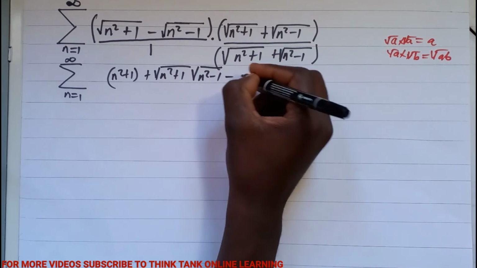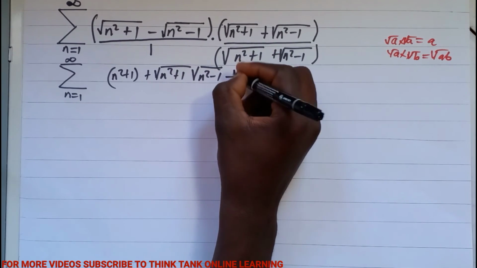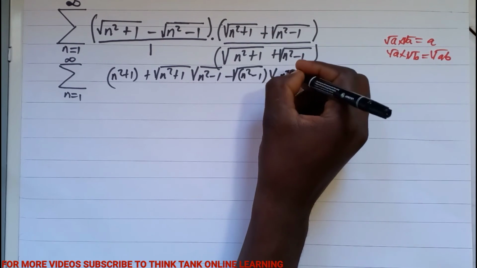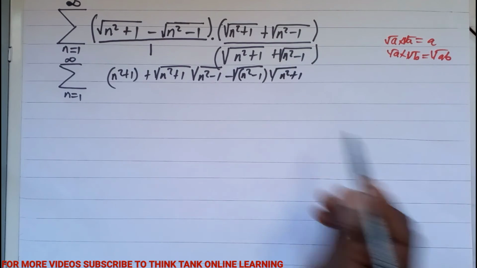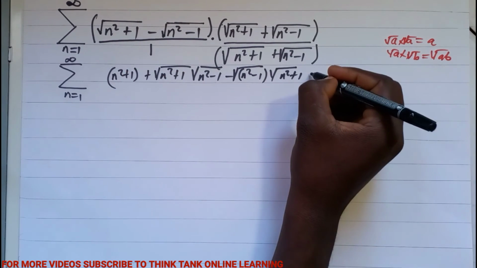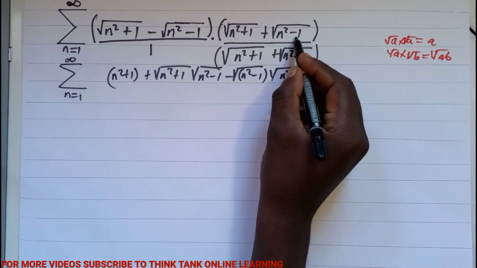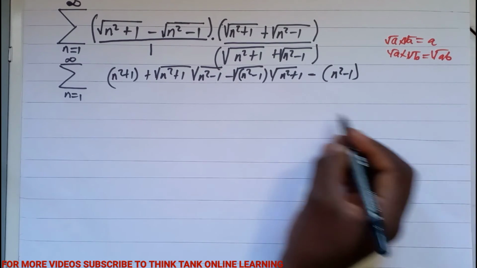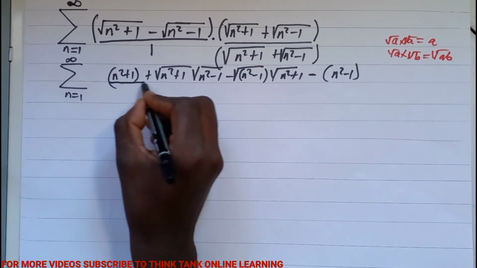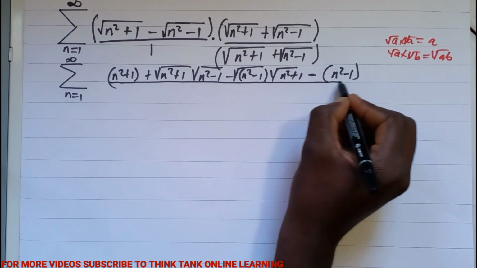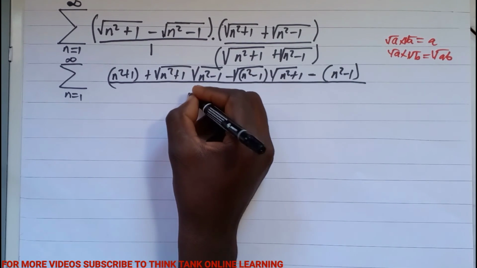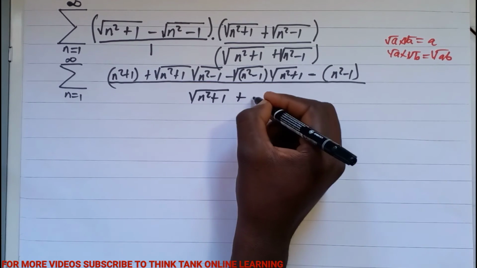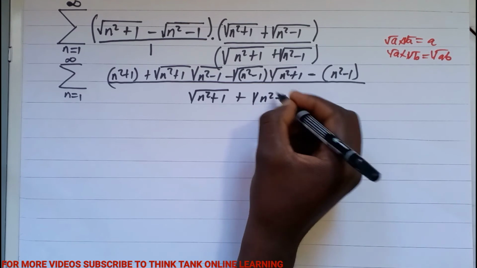Then we have negative square root of n squared minus 1 times the positive square root of n squared plus 1, and negative square root of n squared minus 1 times negative square root of n squared minus 1. That means we're going to get n squared minus 1, and this whole thing we're going to divide with square root of n squared plus 1 plus square root of n squared minus 1.